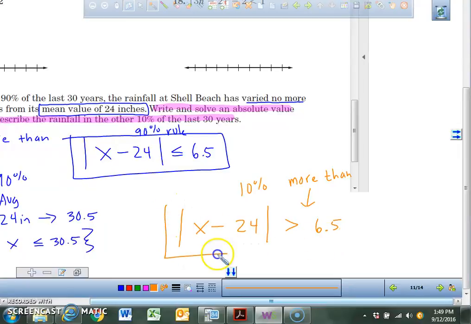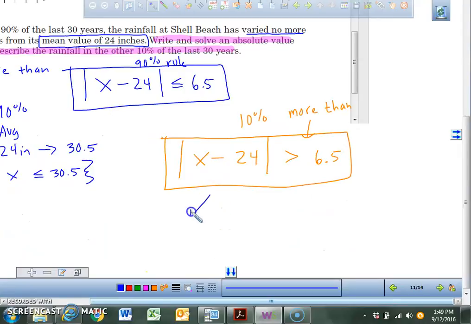So here's the inequality. Your job is to take this inequality and separate it into 2 inequalities that you can solve for. Here's one of the inequalities that you need to solve: x minus 24 has to be greater than 6.5.